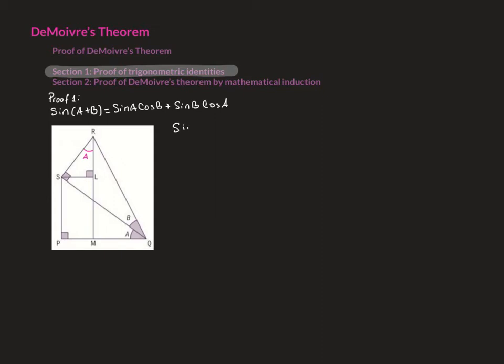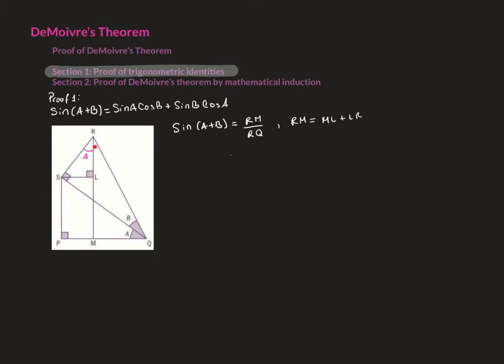So sine of A plus B, on triangle RMQ, is going to be the opposite, that is RM, over the hypotenuse, which is RQ. Now I know that RM can be written as ML plus LR.